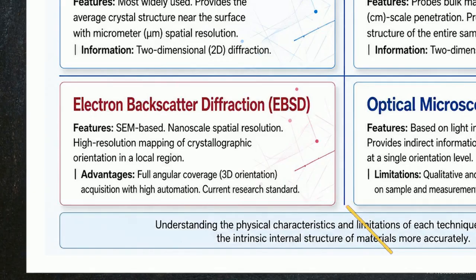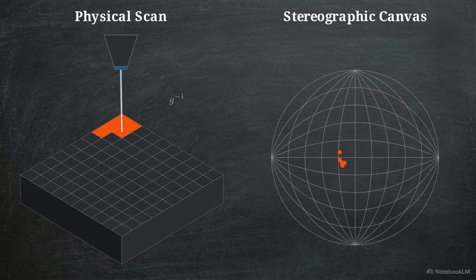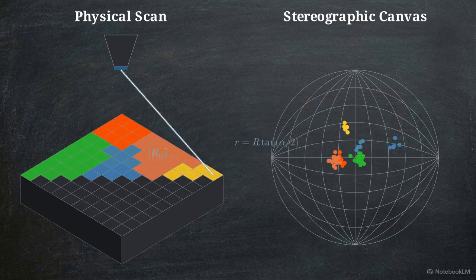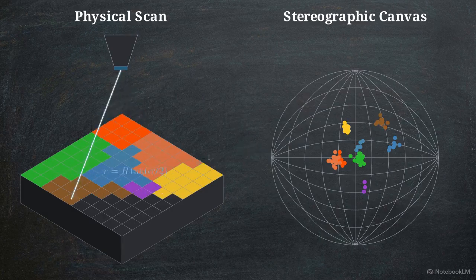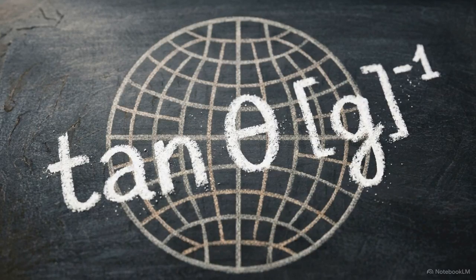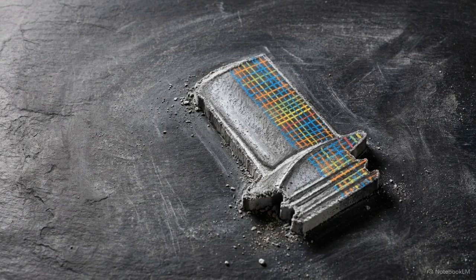Inside a scanning electron microscope, EBSD physically acquires the material's full 3D angular orientation data dynamically, processing it through our derived algorithms to plot accurate pole figures automatically. The strict abstract mathematics of stereographic cartography provide the baseline algorithms that allow electron microscopy to map and decode the physical structures of the materials we rely on.